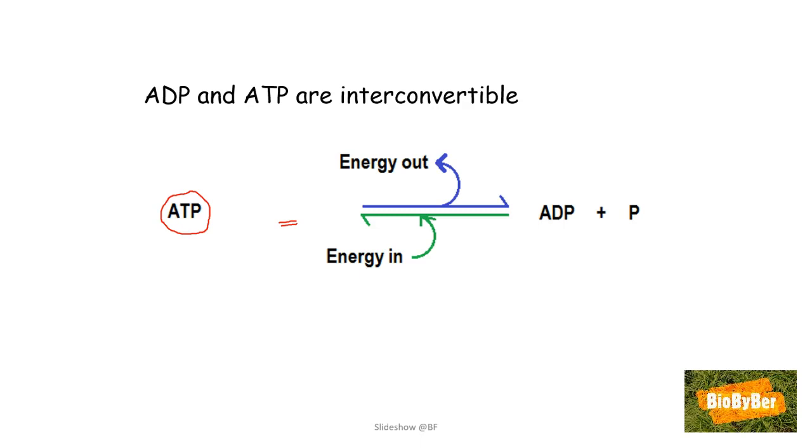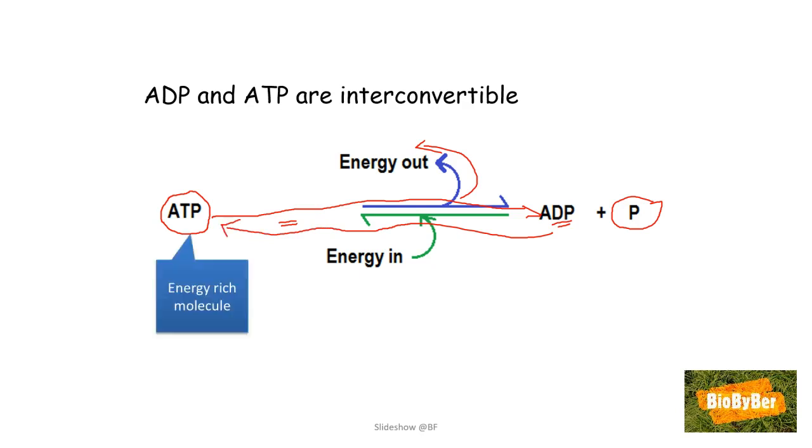So basically, the ATP will break down into ADP and release its energy. This energy can then be used for activities in the cell. ADP, in reverse, can pick up energy if it is released in the cell, combine with a phosphate group and store the energy and be converted into ATP.